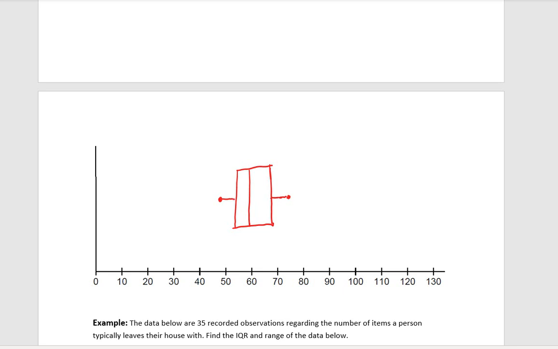So remember, only observations should go on your box plot. So this is Q1, Q2, Q3, and remember, these dots are the highest non-outlier, and this is the lowest non-outlier.